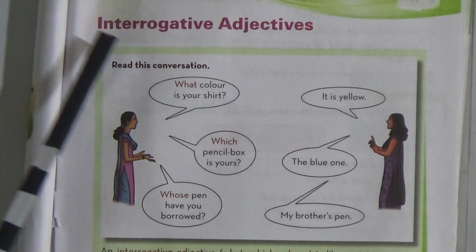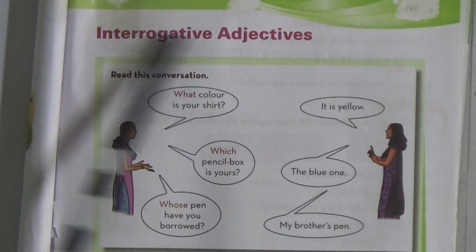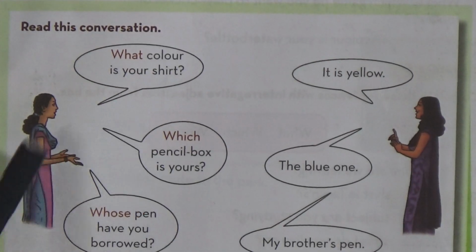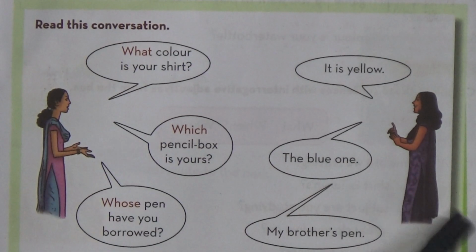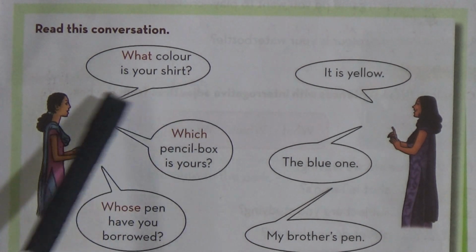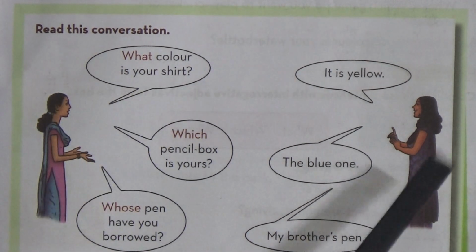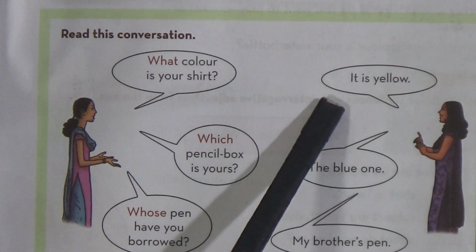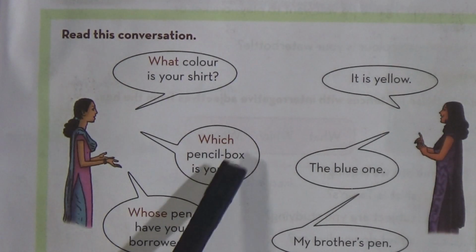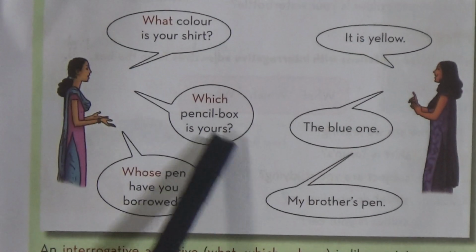Our today's topic is interrogative adjectives. Dear students, first we will read this conversation. We have found two girls are saying something. The first one is saying, what color is your shirt? And then another one is saying, it is yellow. Then the first girl is saying, which pencil box is yours?